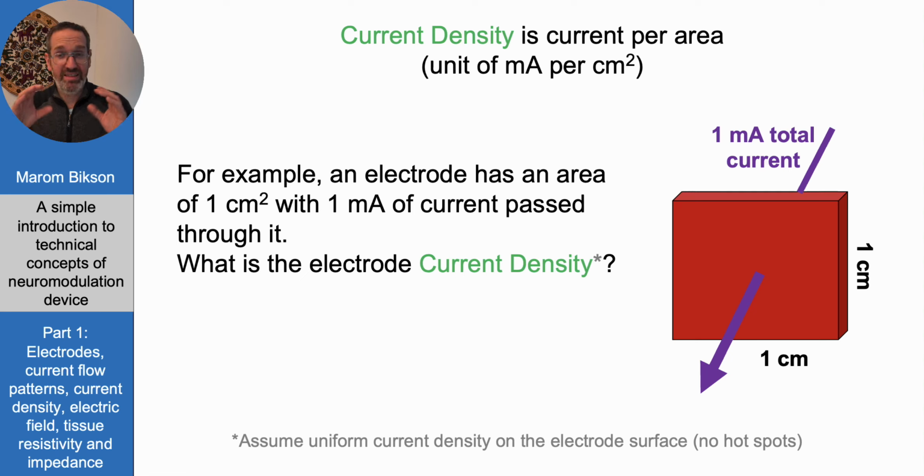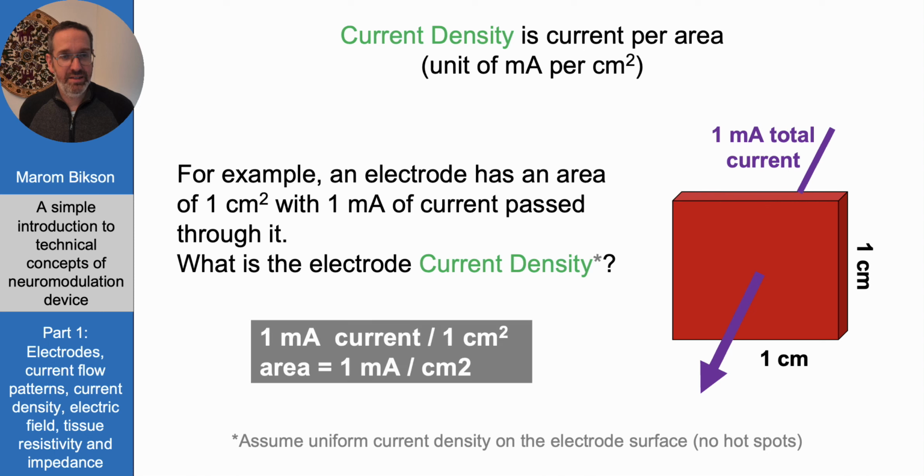And therefore, we will say that that window has a current density of 1 milliamp per centimeter squared. If we double the current, it would be 2 milliamp per centimeter squared. If we made that window twice as big, but kept the current the same, then the current density would go down. So that is a simple calculation of current density.